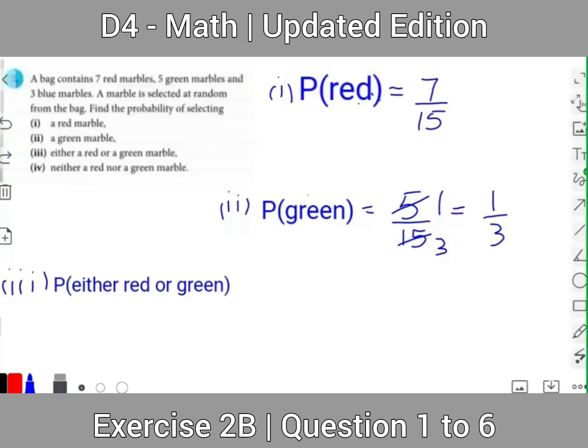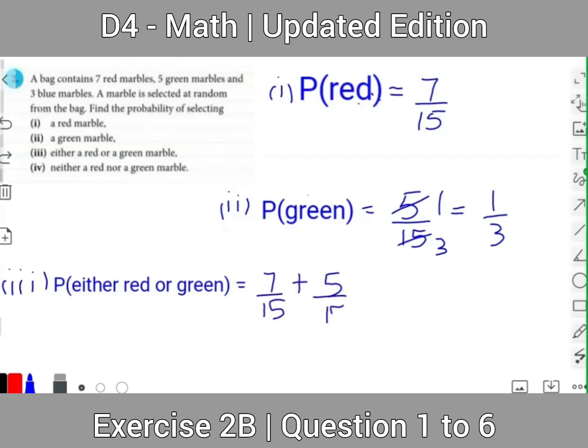Now on part 3, we have to find out that the marble is either red or green. So for this, we will apply the addition law of probability, just because these two events, that the marble is red or the marble is green, are mutually exclusive. So we will add up the probability of the red marble and the green marble.